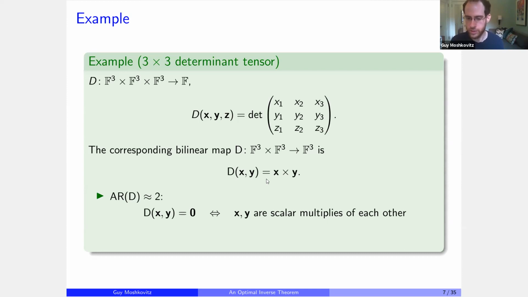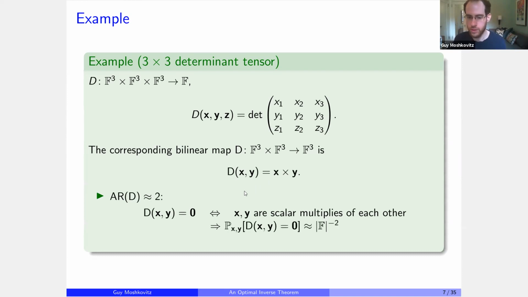Heuristically, if you count degrees of freedom, x can be an arbitrary vector, and maybe the first coordinate of y can also be arbitrary. But once you know these 4 scalars, you know the scalar relating x and y, so you know the other 2 coordinates of y.